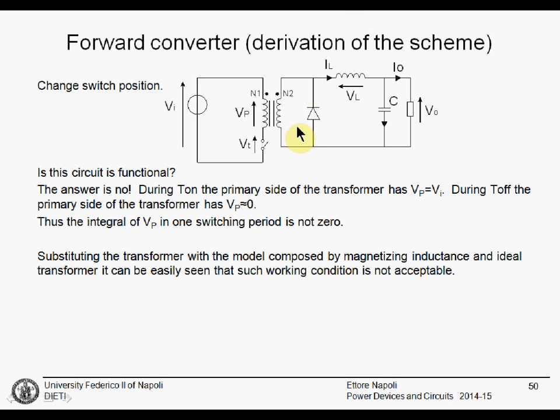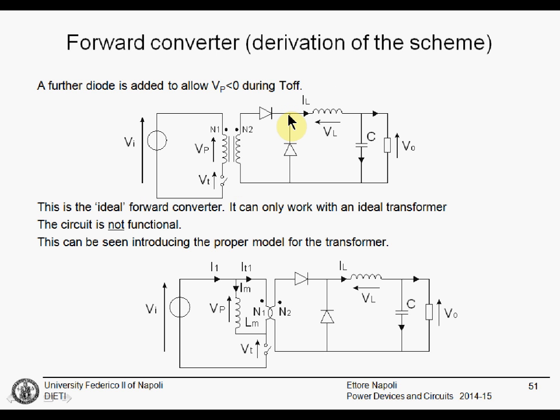This is not working. Why? Because when this diode is on, the voltage here is 0. We then need to decouple this voltage from the secondary voltage. This is easily done by introducing another diode here.